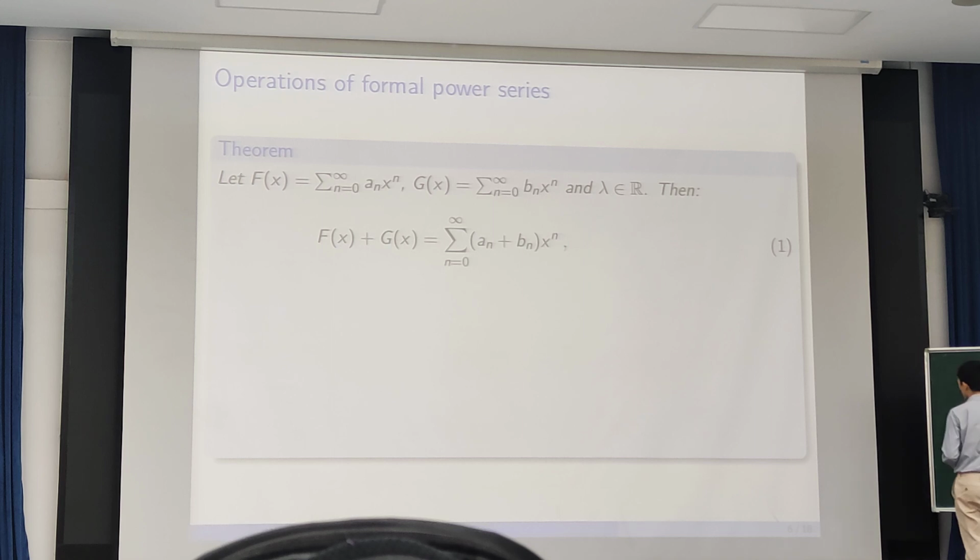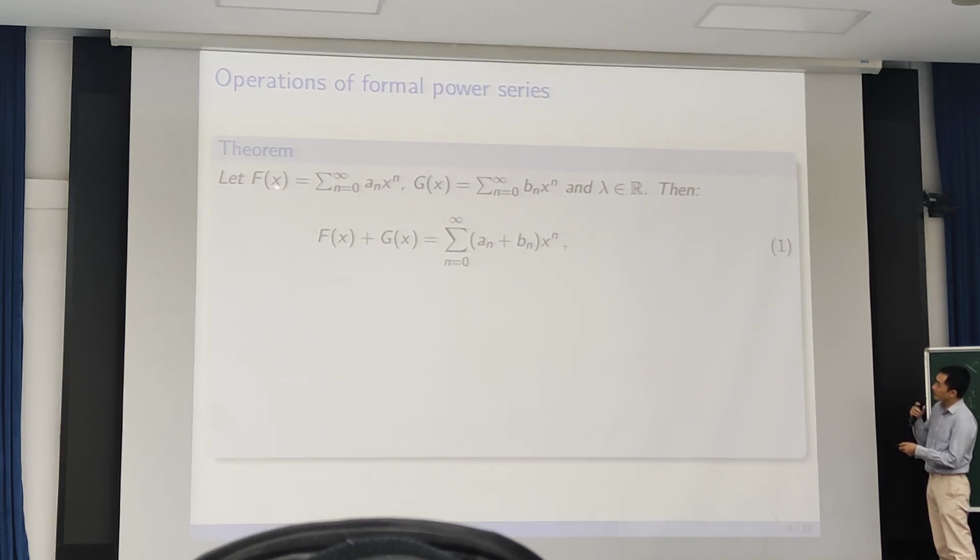It means that we will try to define the operations sum and product. For the sum, it is simple. You know that when you sum two power series, the result is also a power series, and we group the terms of the same degrees.